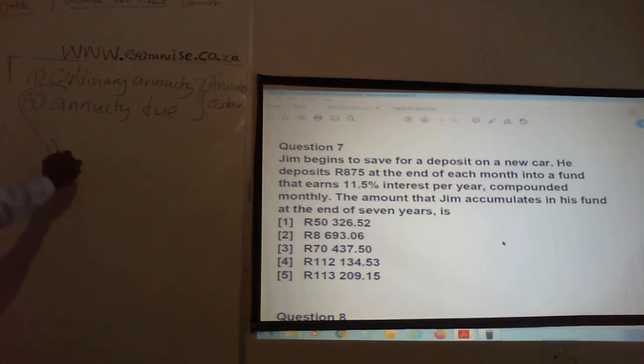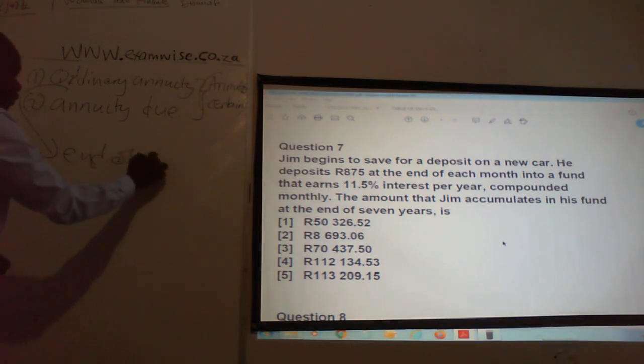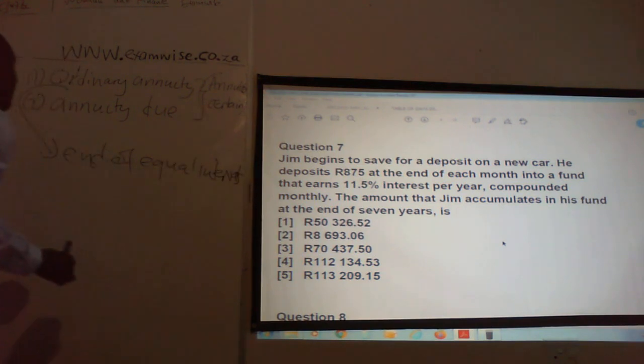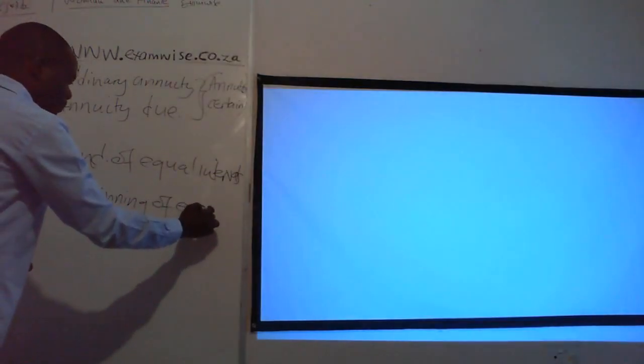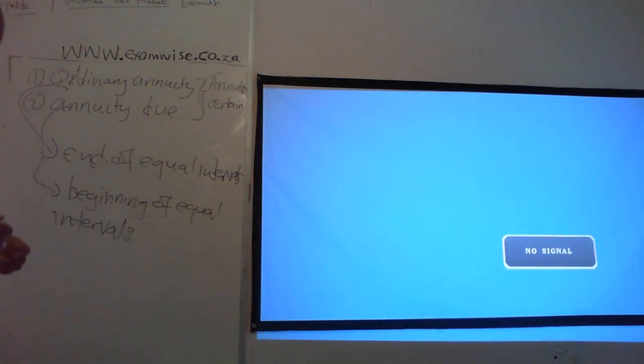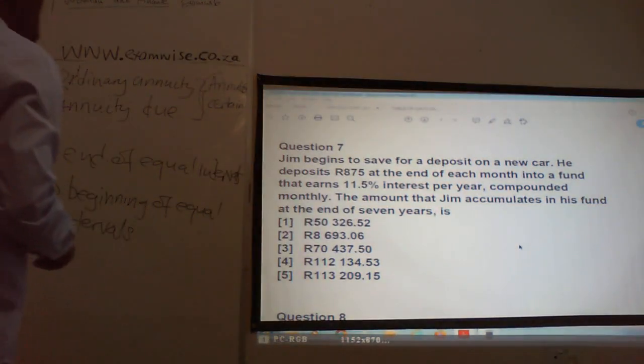With an ordinary annuity, the payments are made at the end of equal intervals, and with an annuity due, the payments are made at the beginning of equal intervals.